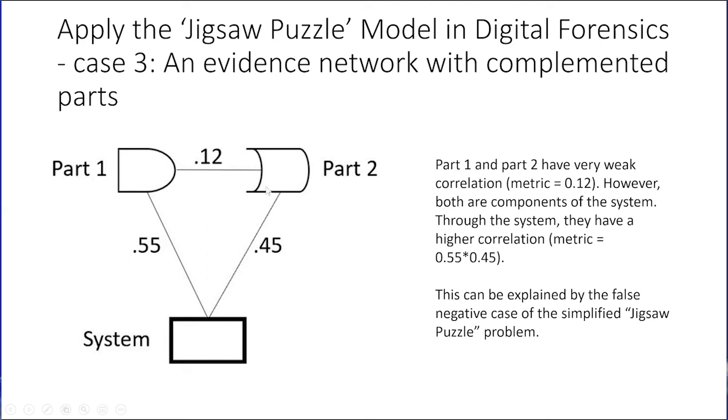Then this path has a higher correlation value than the direct correlation. So this can explain the false negative case of the simplified jigsaw puzzle problem. So sometimes we cannot directly infer the hidden correlations between 2 information pieces. But from multiple dimensions, they may have stronger correlations.